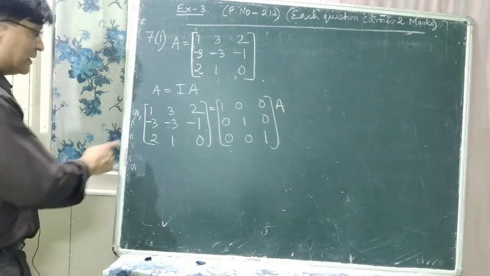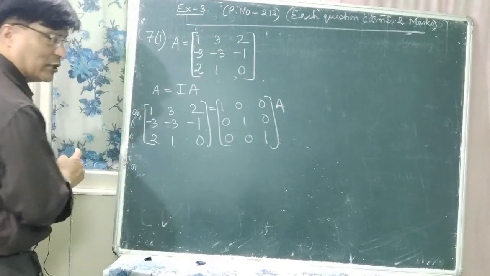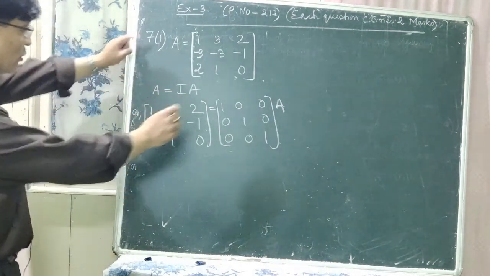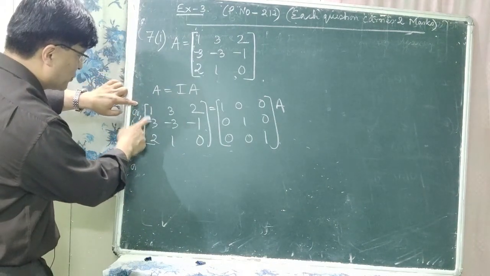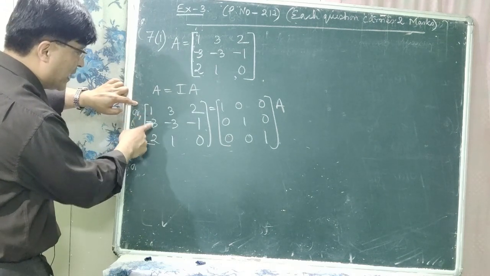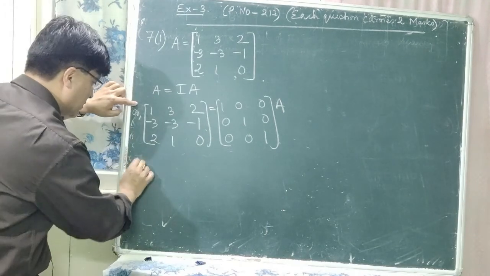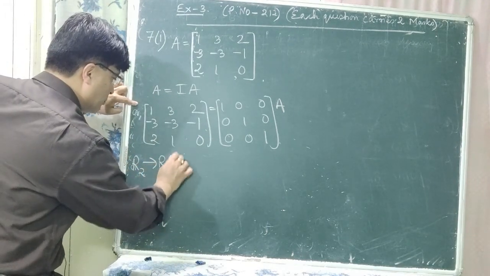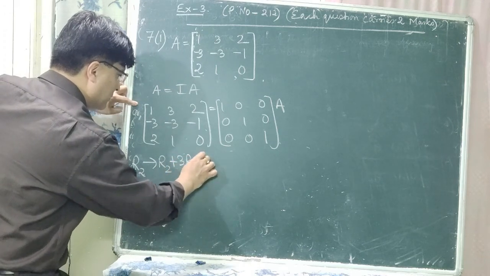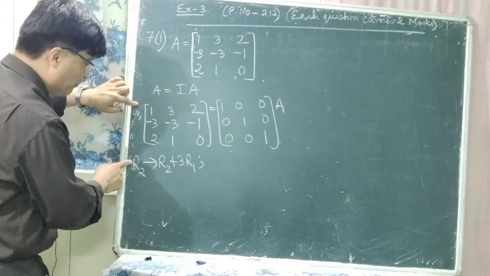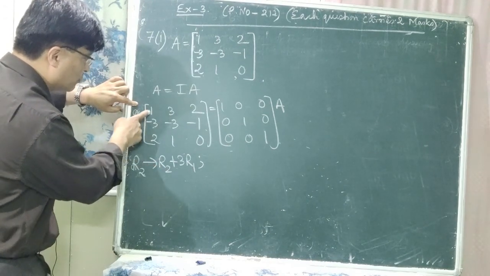So now let us make this minus 3 and 2 into 0 by using properties in terms of rows. So how can you make it 0? Minus 3, this one should be multiplied by 3 and added to row 2, right? That means row 2 is changing. R2 dash is equal to R2 plus 3R1.